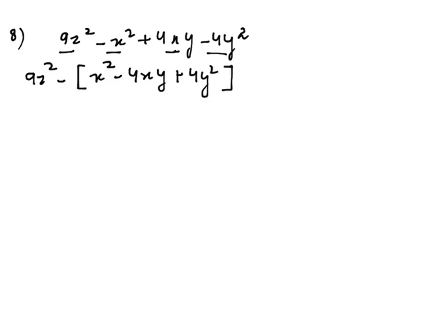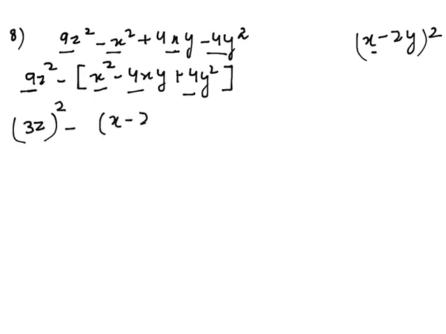Inside the bracket it becomes x minus 2y whole square, as it will give us x square plus 4y square minus 4xy. And 9z square is the whole square of 3z, so we get 3z whole square minus x minus 2y whole square. Now clearly we can see this is a square minus b square.